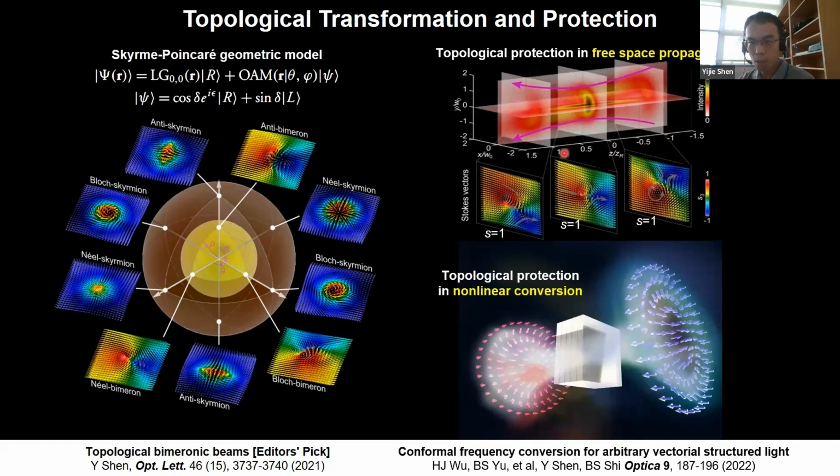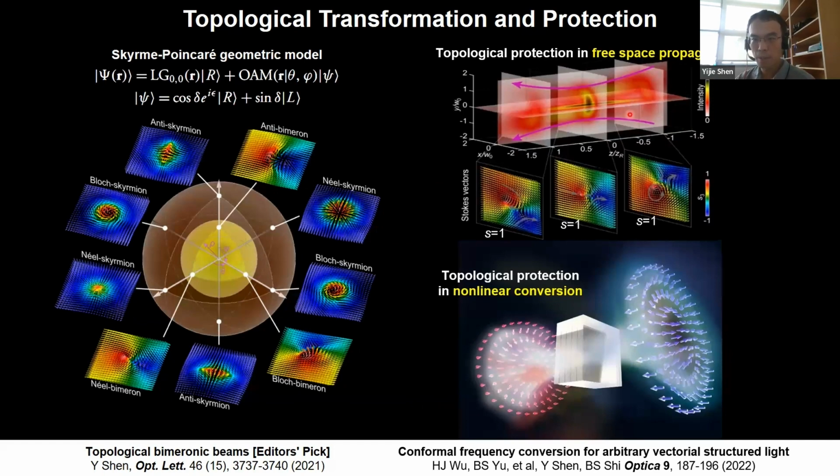In addition to free space propagation, we also have some interesting study on propagating in a nonlinear medium. In a nonlinear frequency conversion crystal, we input our skyrmion beam, and we find that even when the frequency was converted, the spatial skyrmion topology can also be very stable, right?